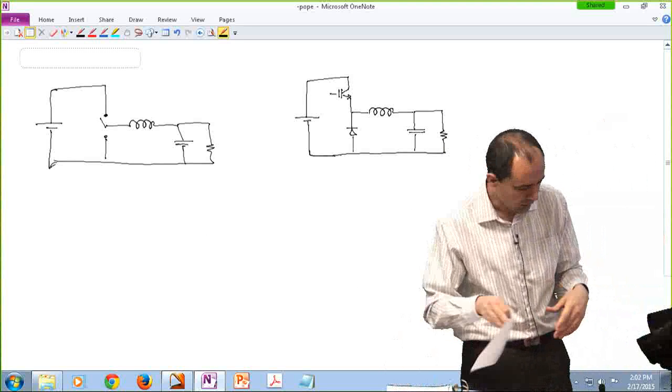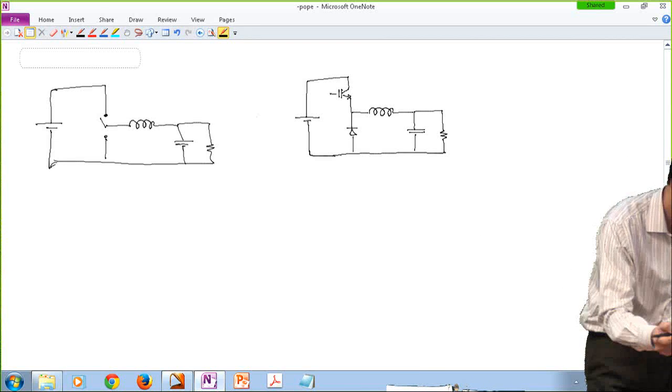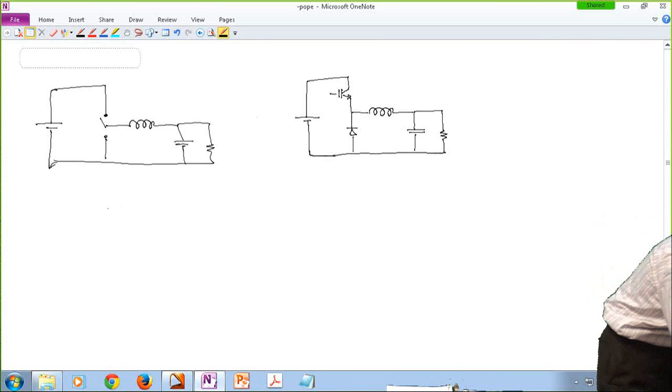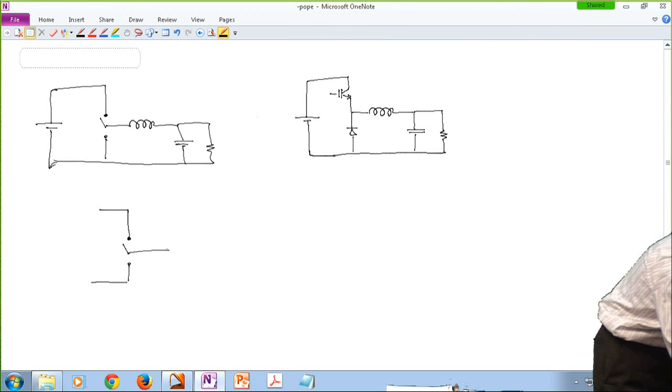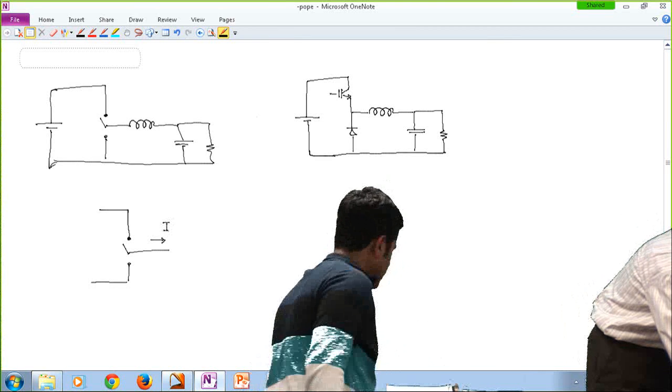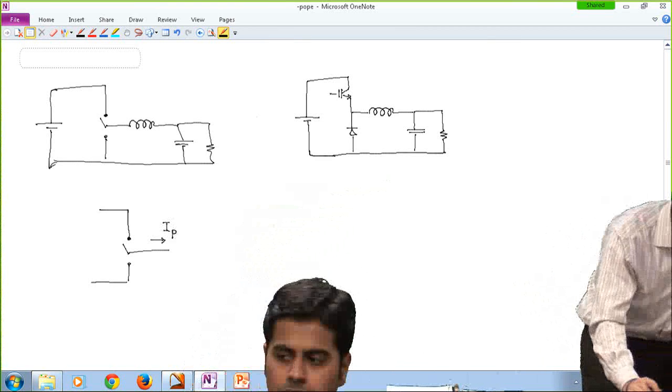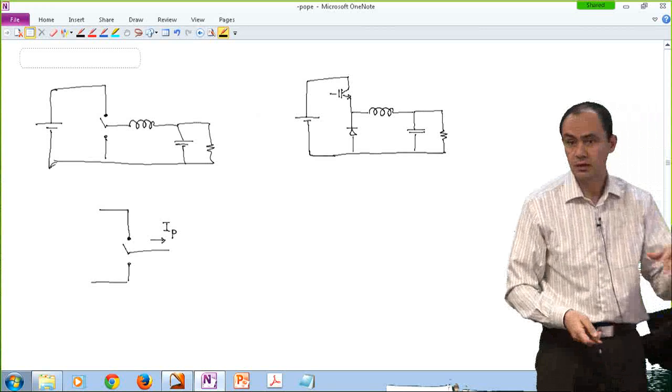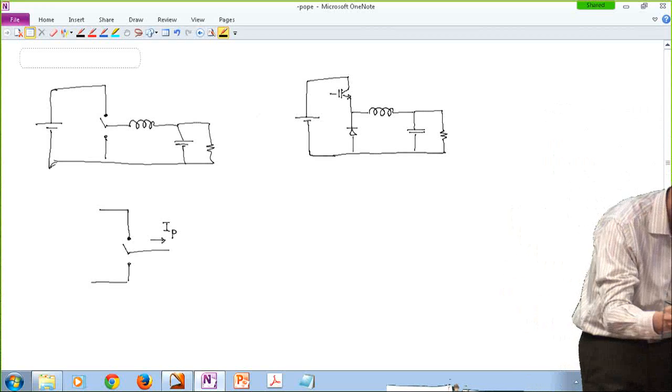Now, before getting into the discussion, I have to make a bunch of definitions. This is the standard single pole double throw switch that I'm going to be using. I'm going to assume that the pole current is flowing from left to right. I call it I sub P. So if the current is from left to right, it's a positive current.